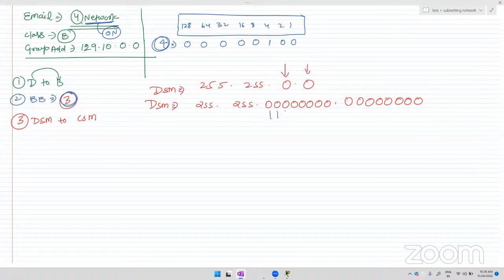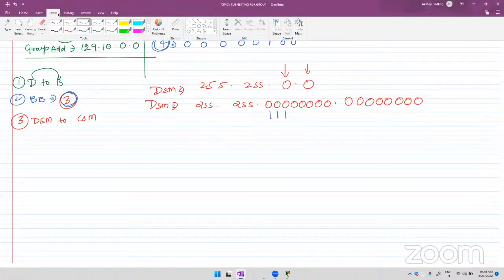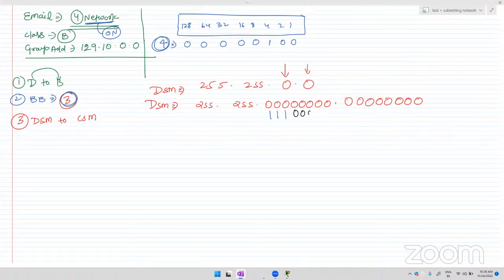So 3 bits on, and the remaining bits off: 1 2 3 4 5 dot 1 2 3 4 5 6 7 8. Now for the CSM, the first 2 octets are as they are, and in the third octet 3 bits are on. 3 bits means this value plus how many bits come, how many values come out?